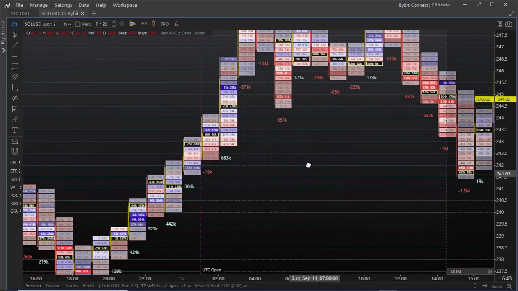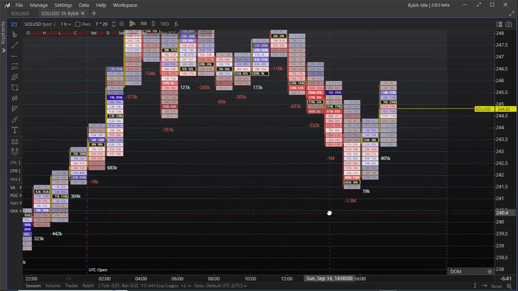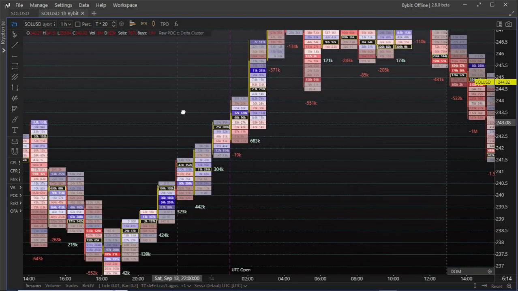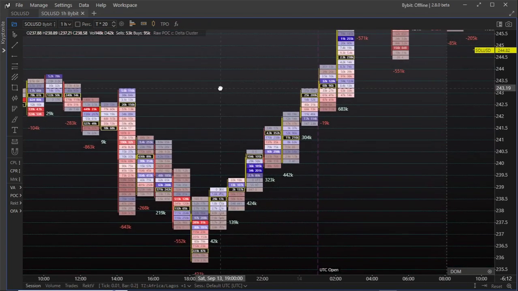I designed this cluster chart recently because it is easier on the eyes to read. Some people don't know how to read based off volume and delta. This cluster chart is not just showing the volume, it has the total sum of delta. So I know there's selling here and buying on this side, and everything is a lot cleaner and easier to read.